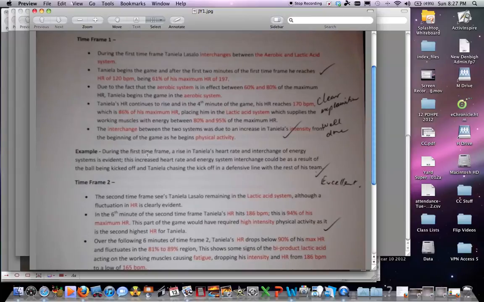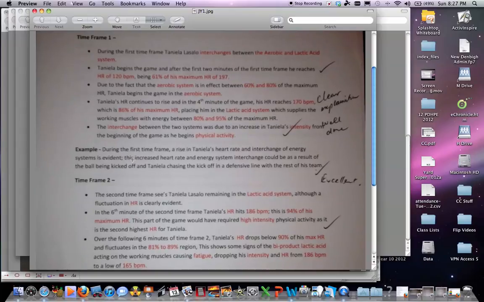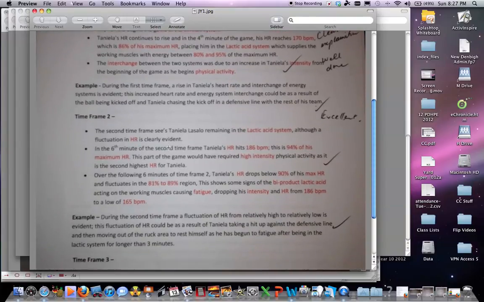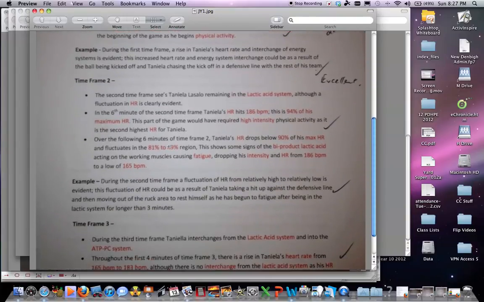Well, he's created a little system here that allows us to understand that he has an analysis. He's provided discussion of what the energy system is based on what the heart rates are and what that maximal heart rate does and where it puts it in terms of the reference to the energy system. The examples are very clear and relevant to what James has said throughout.